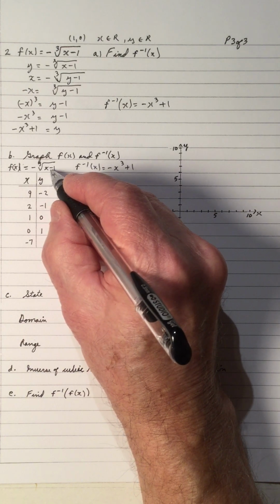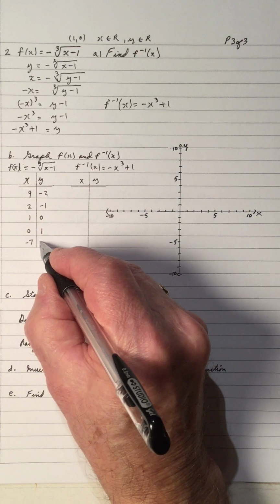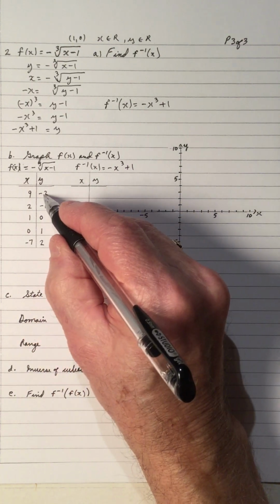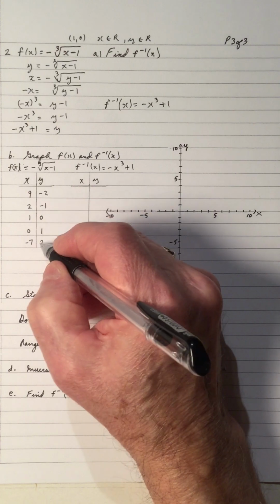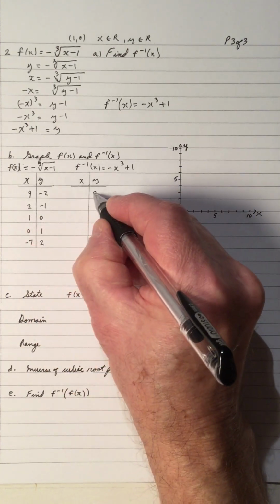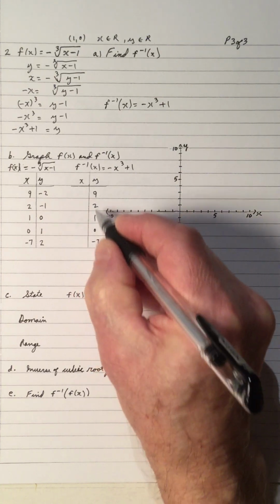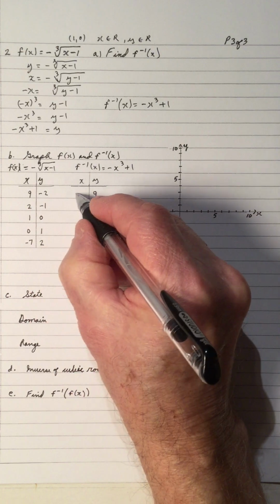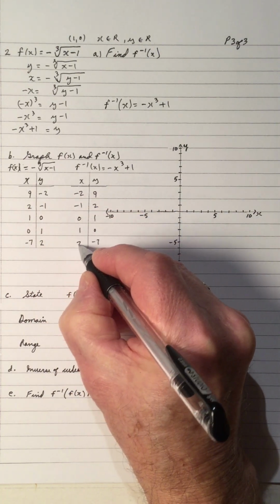The cube root of negative 8 is negative 2. The negative of a negative 2 is 2. And you notice negative 1, 1, negative 2, 2, they're switched. So the x's become the y's and the y's become the x's because they're reflected in the line y equals x.